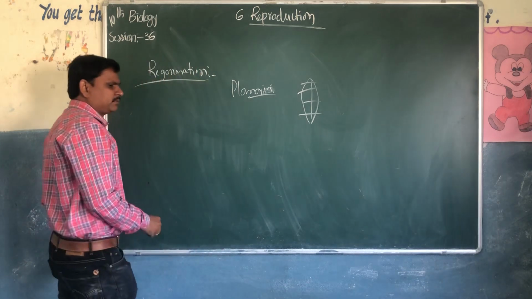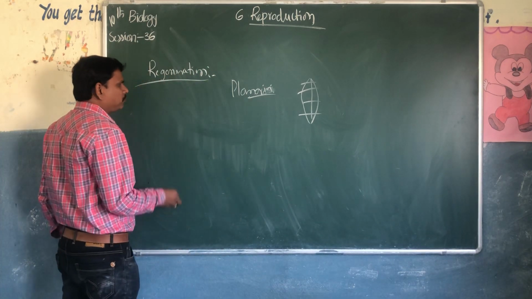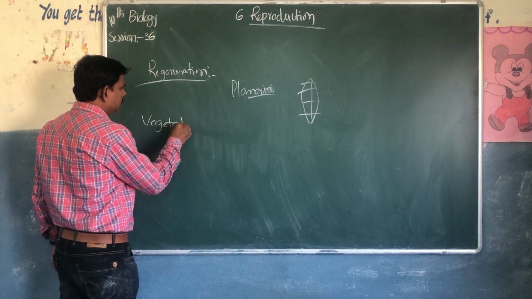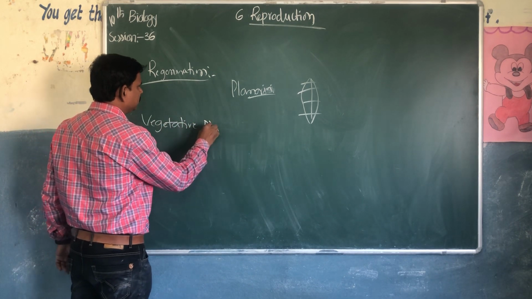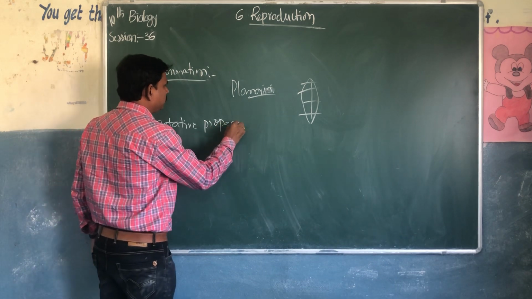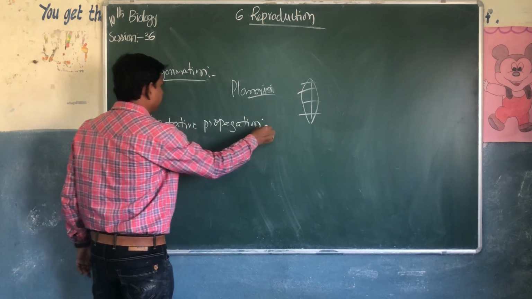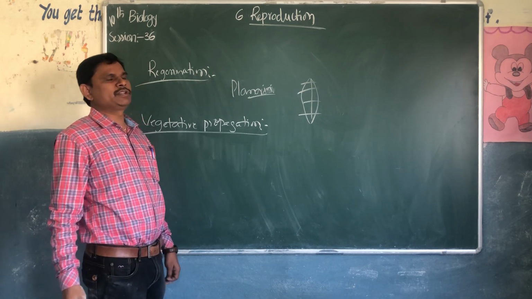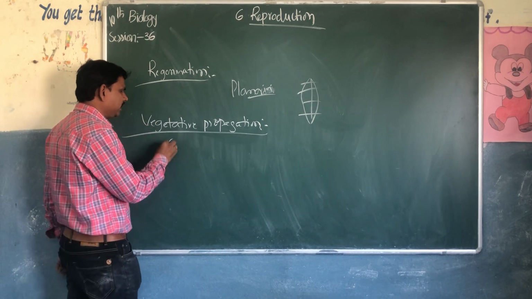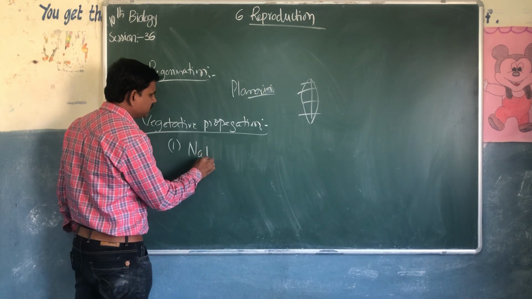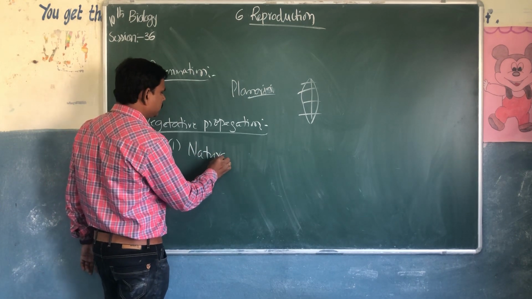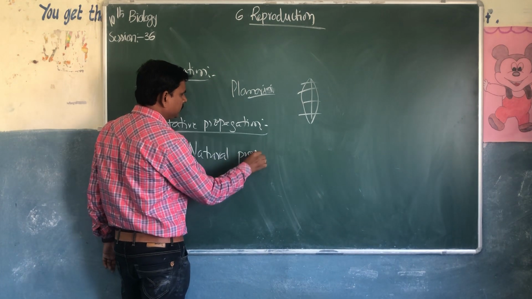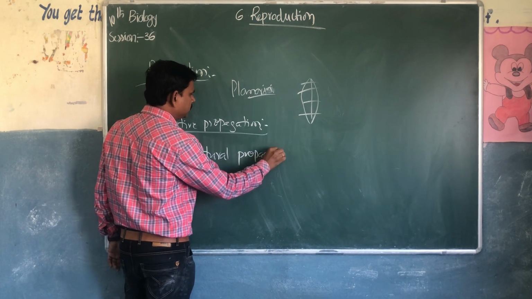So next one is vegetative propagation. What is vegetative propagation? There are two different types of vegetative propagation. One is natural propagation.